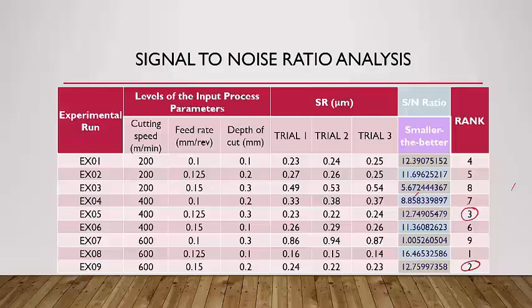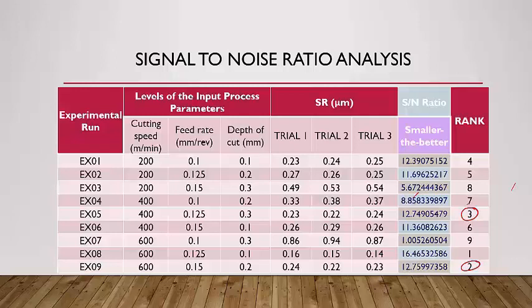A good experimental combination is one which offers the desirable level of output responses with minimized effects of noise factors, that is, with minimal deviation in the results. Hence, in the present analysis, experiment 8 can be considered the optimal input parameter combination yielding minimal surface roughness on the machined component's surface.